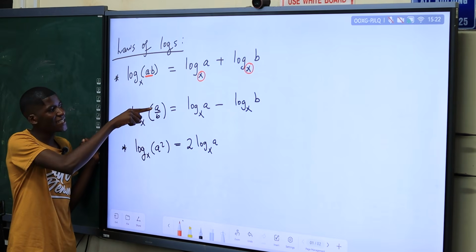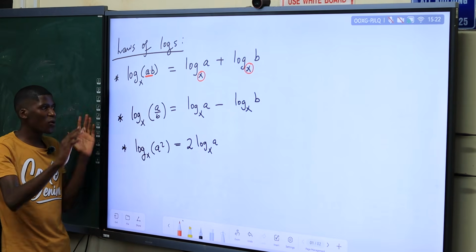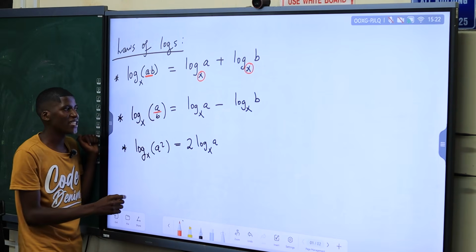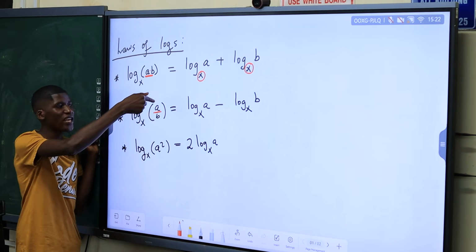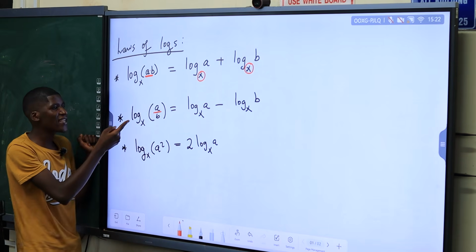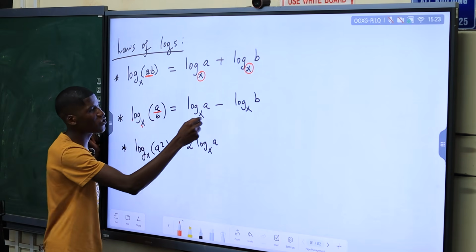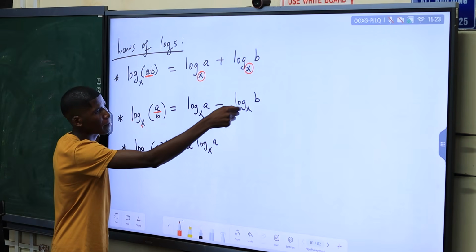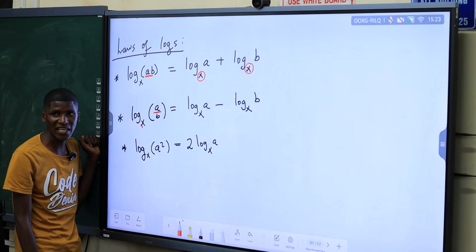And then when you divide A over B, maybe you are doing a logarithmic function of a quotient, meaning your argument is A over B, with a numerator and a denominator. So you can say this is log base x of the numerator minus log base x of the denominator.